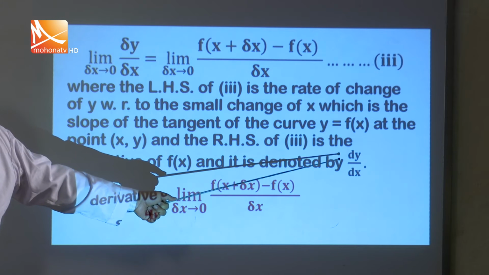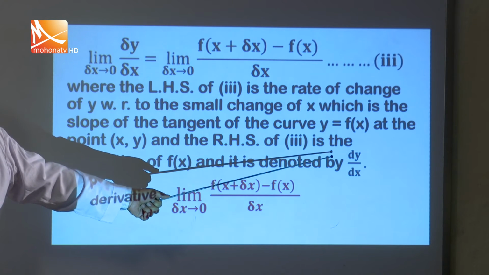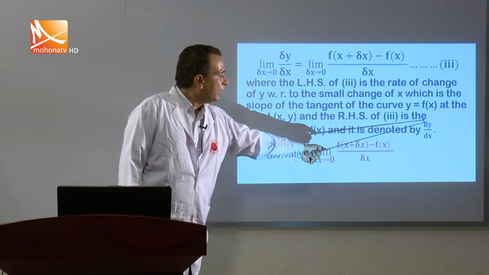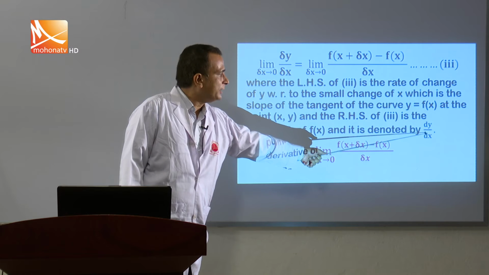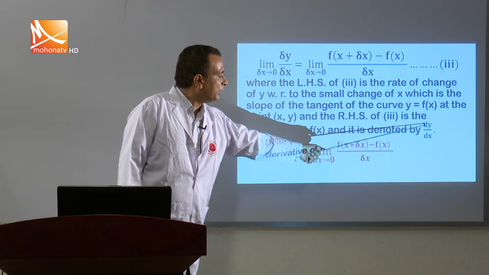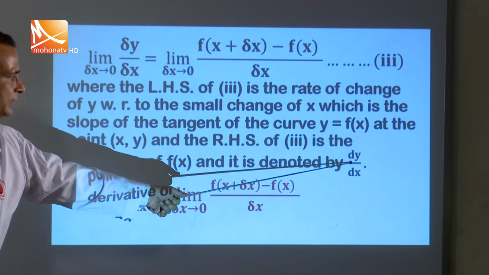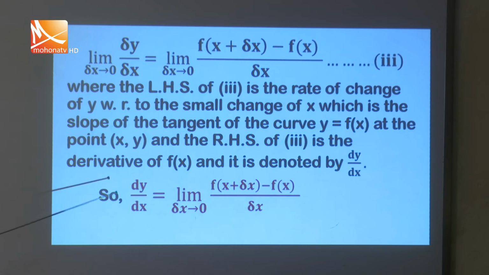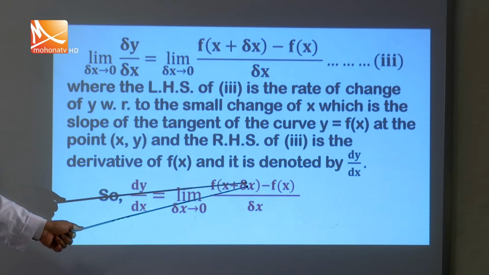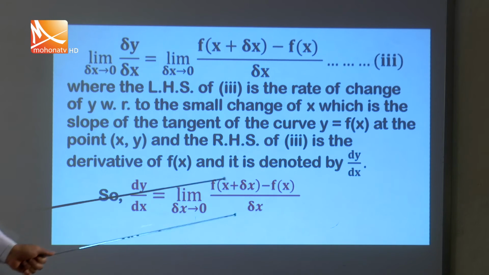We read this as d/dx of y. You must keep this in mind: never think of it as a fraction dy by dx, with numerator and denominator. You must read it as d/dx of y. So d/dx of y = limit Δx tends to 0 of [f(x + Δx) − f(x)]/Δx.